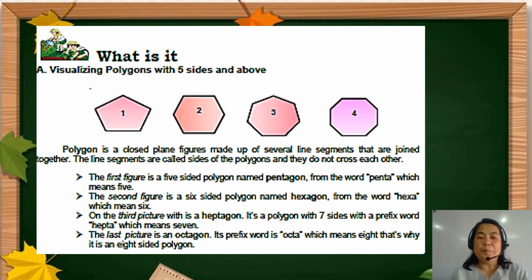On the third picture, which is a heptagon, it's a polygon with 7 sides, with the prefix hepta, which means 7. And the last picture is an octagon. Its prefix is octa, which means 8. That's why it is an 8-sided polygon.